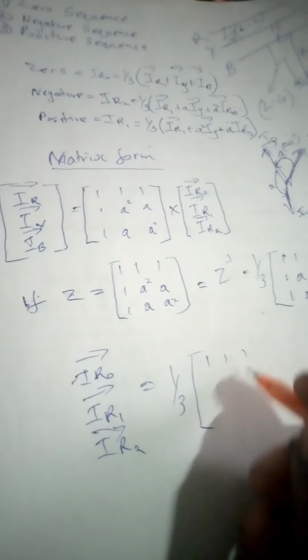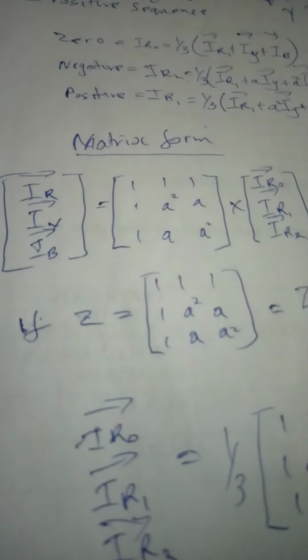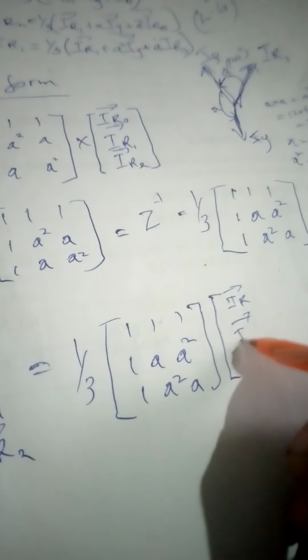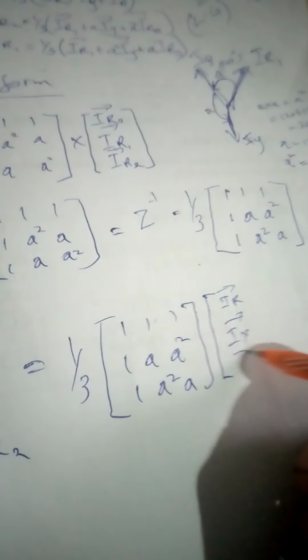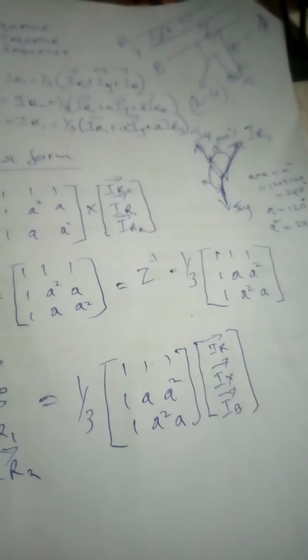Take that 1 1 1 1 A squared, then 1 A squared A, and a third, our Z inverse, a third multiplied by Z inverse, we multiply by red, yellow, blue, current at red, current at yellow, and current at blue.